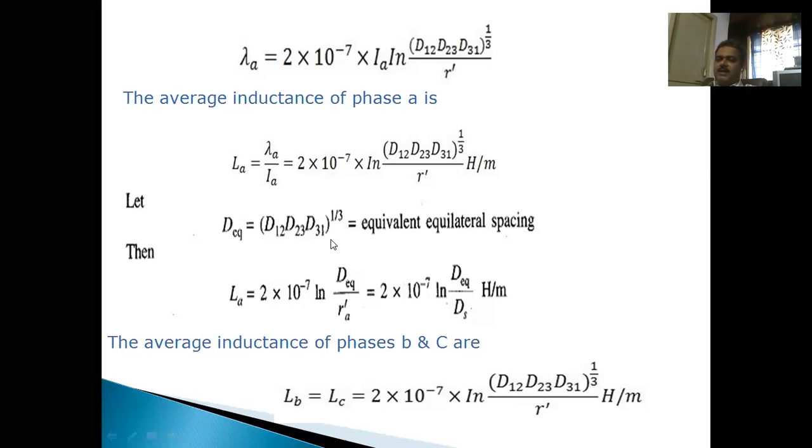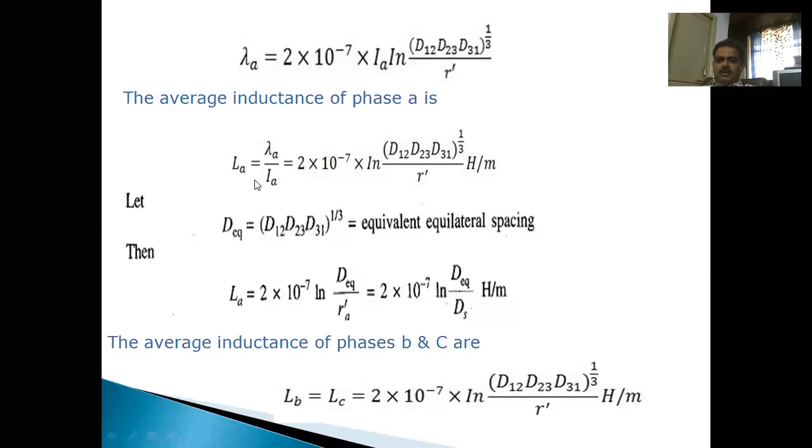So if 3 conductors are there, 1 by 3. If n conductors and n distances are there, this can be extended to n number. So whole to the power of 1 by n, D12, D23, D34, and like that you will get n terms. Okay. So later we can discuss n number of strands placed in a conductor.